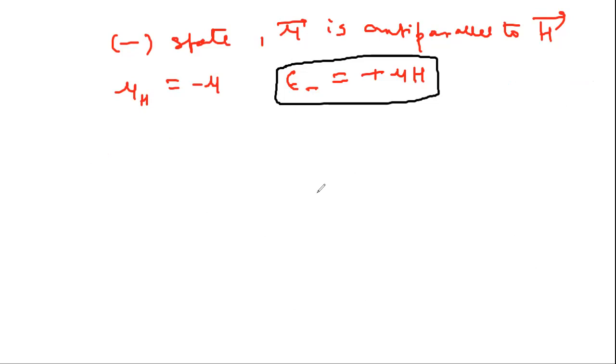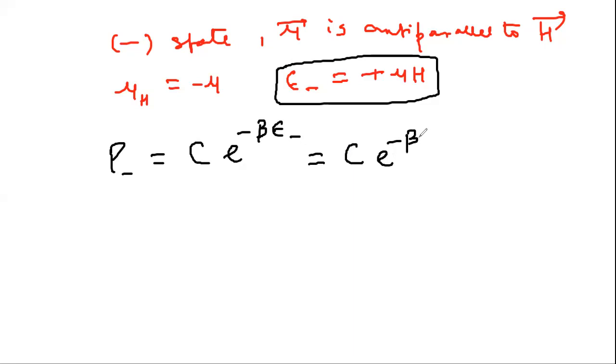So the probability of finding the atom in this negative state we can write as P minus is equal to C e raised to the power minus beta epsilon minus, which can be written as C e raised to the power minus beta mu h.